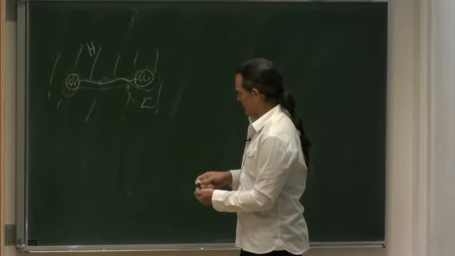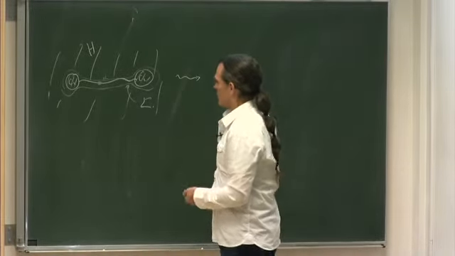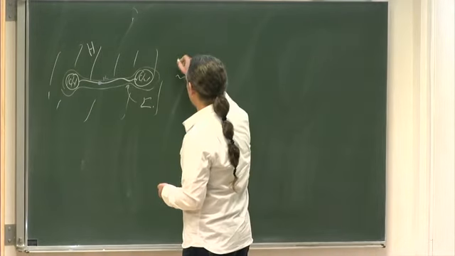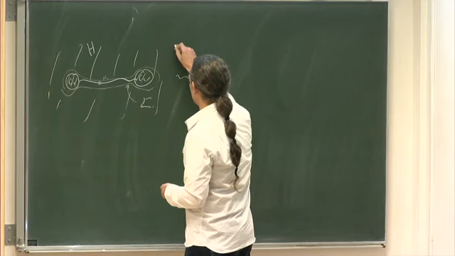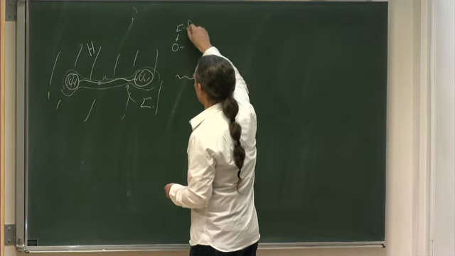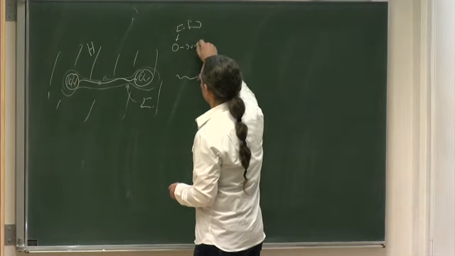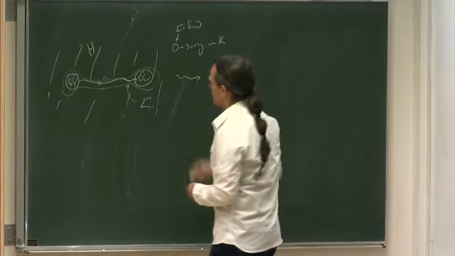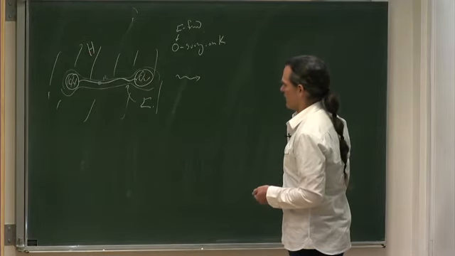And then the idea is that if I do 0 framed, well, this is like sigma framed surgery on K, what happens?